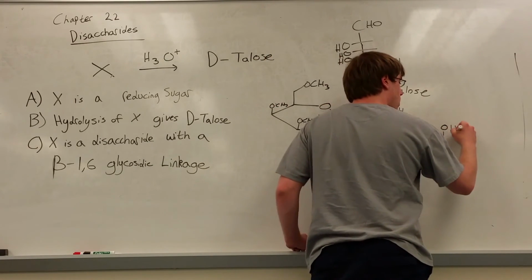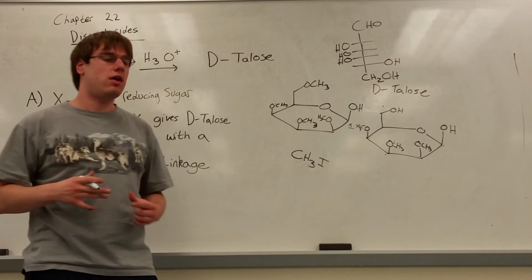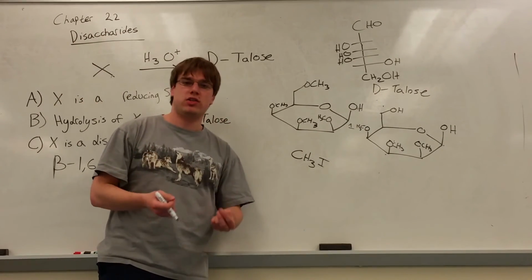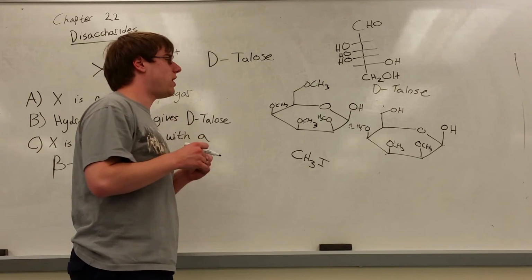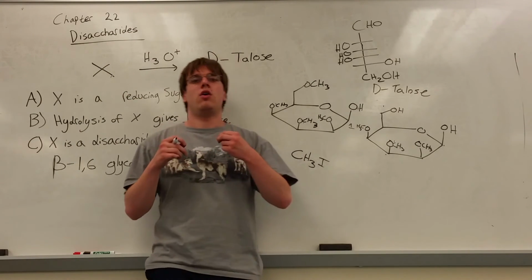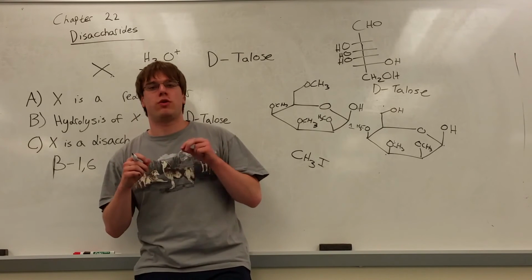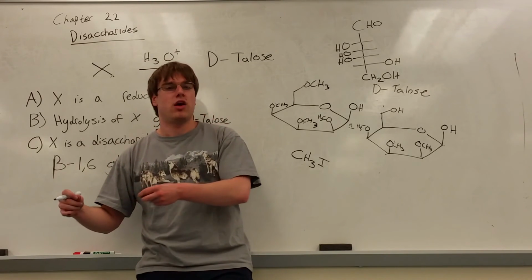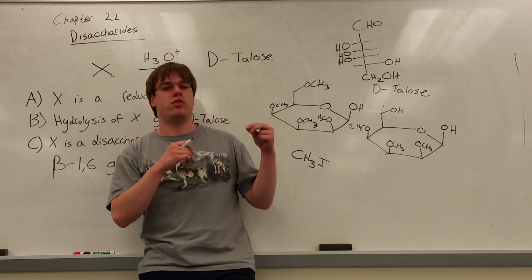Now you are told following methylation or alkylation and then hydrolysis of your disaccharide, it was found that the OHs were found on carbons 1 and 6 of one D-talose and only carbon 1 of the second D-talose.